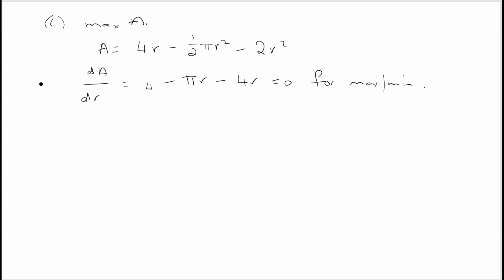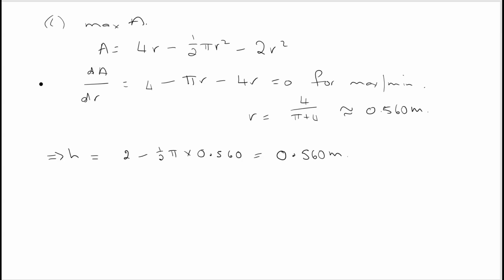So if we rearrange that, we get that r is equal to 4 over pi plus 4, and you could leave it as that, or that r is approximately equal to 0.56. And don't forget the unit. Now you need to find h as well. So put that back into h, 2 minus a half pi times r, which we've now found as 0.560, and surprisingly that comes out as also 0.560 meters.